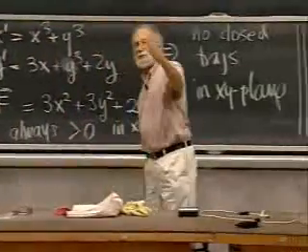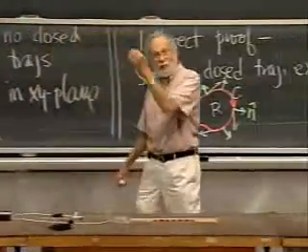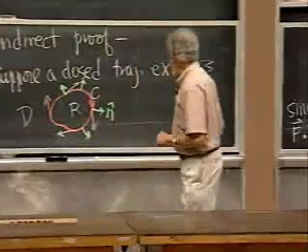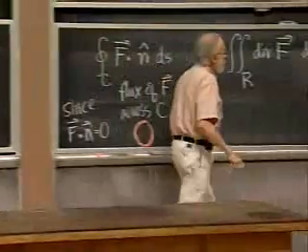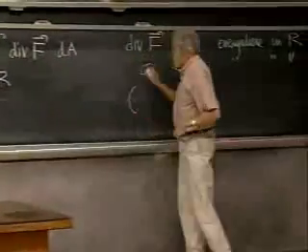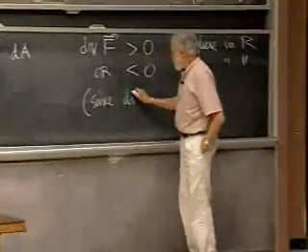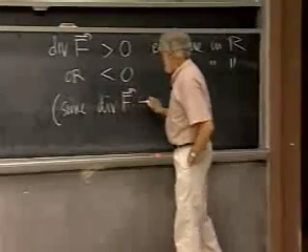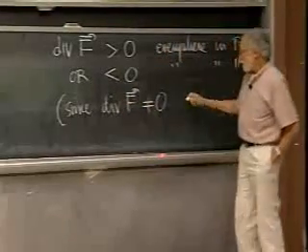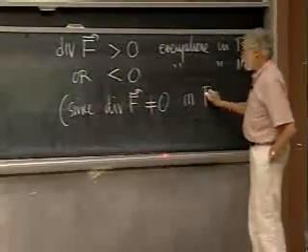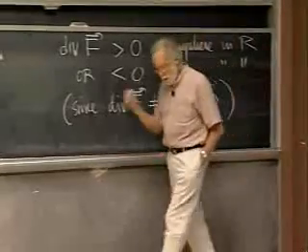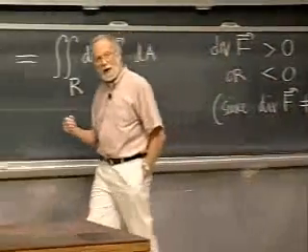You can't get continuously from +1 to -2 without passing through 0. So since the divergence is never 0 in R, it must always stay positive or always stay negative.